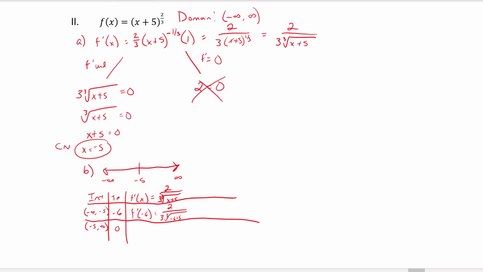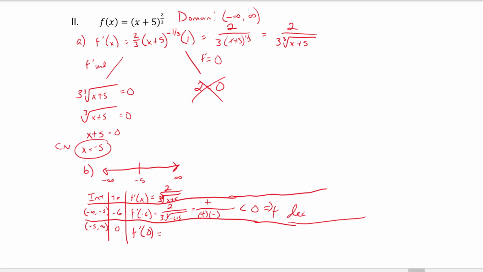Getting our signs: 2 is positive, 3 is positive, and -6 plus 5 is negative, so the cube root of a negative is a negative. So we have positive over positive times a negative, which means the denominator is negative, so we have something less than 0. So f is decreasing.